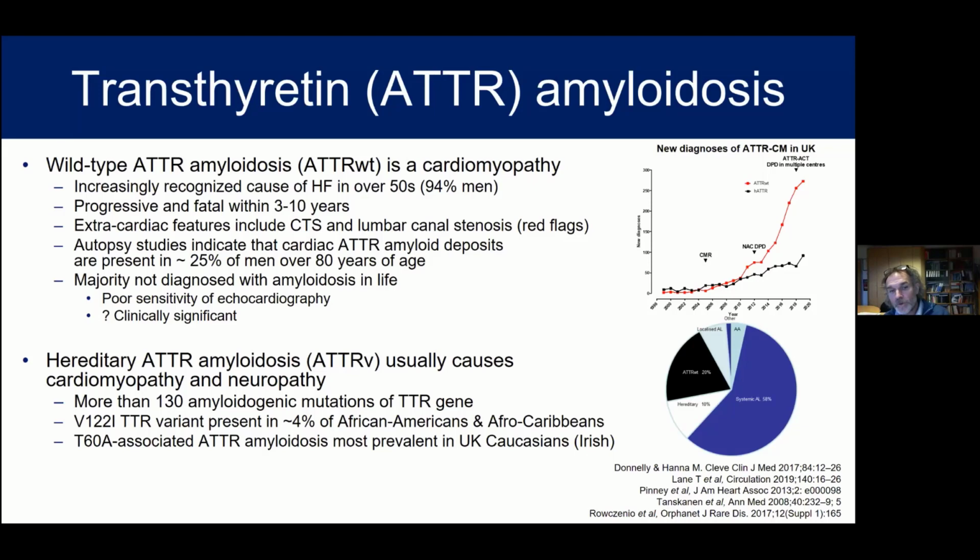Hereditary ATTR amyloidosis usually causes a mixture of cardiomyopathy and neuropathy. There are in fact more than 130 amyloidogenic mutations of the TTR gene associated with hereditary ATTR amyloidosis. The commonest one that we see in the UK, and probably the commonest one in the US, is the V122I TTR variant, which causes a dominant cardiomyopathy.